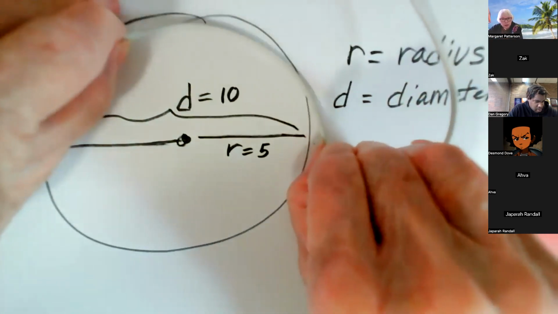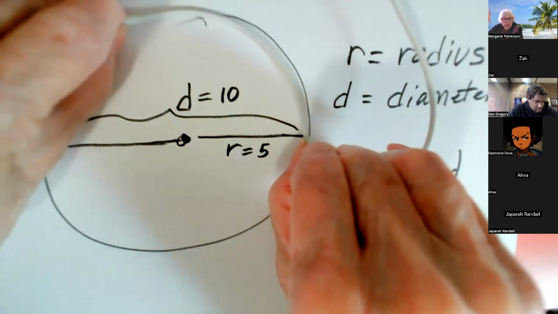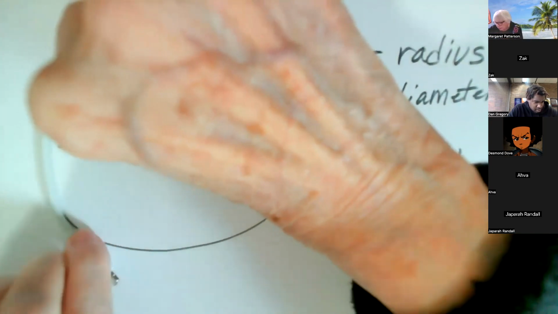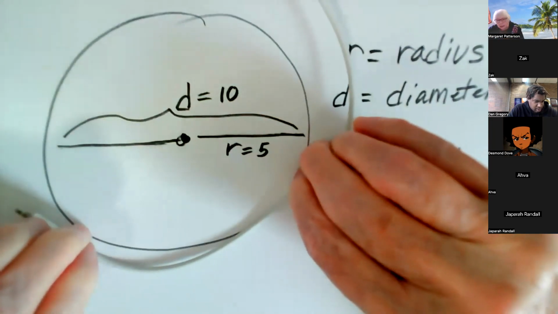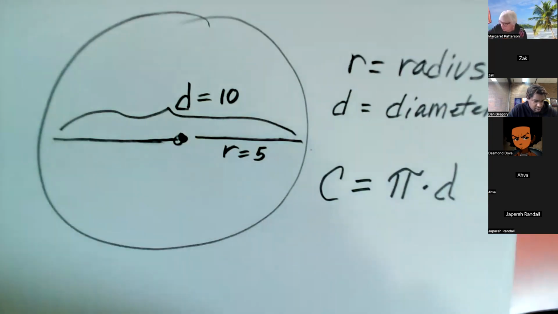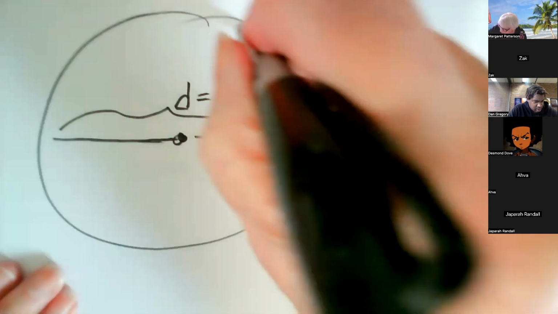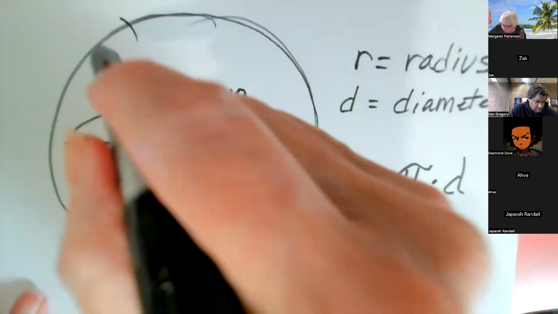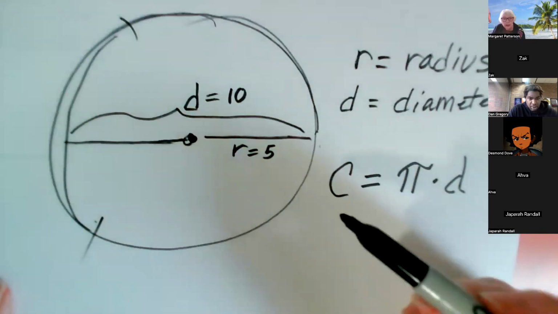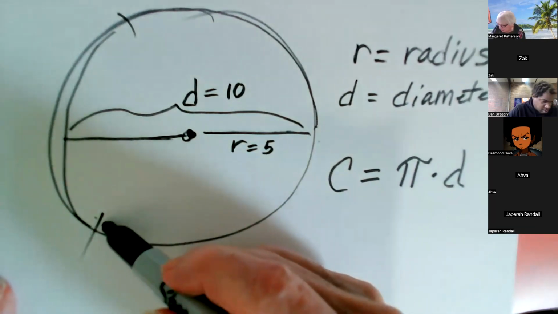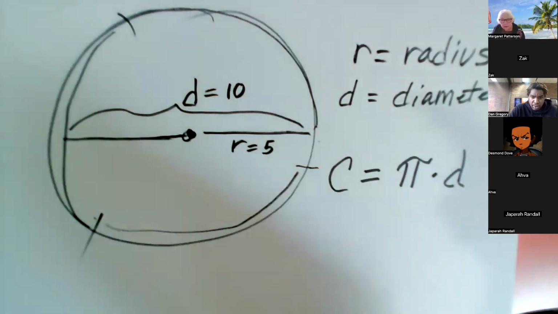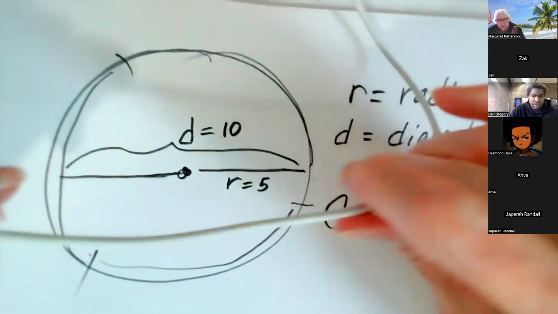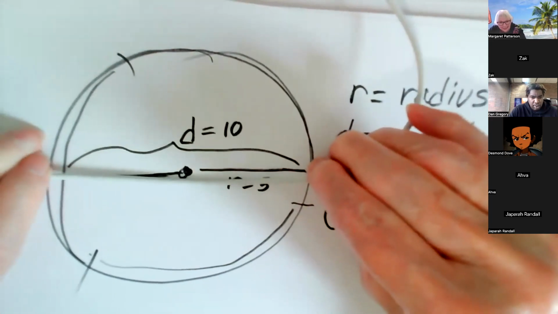The reason I use the cord is so that I can wrap it. That would be 1 mark. This would be 2. This would be 3. So I wrapped it and it went that far with 1 diameter. It went that far with another diameter. Did you see what I did? This is a visual.